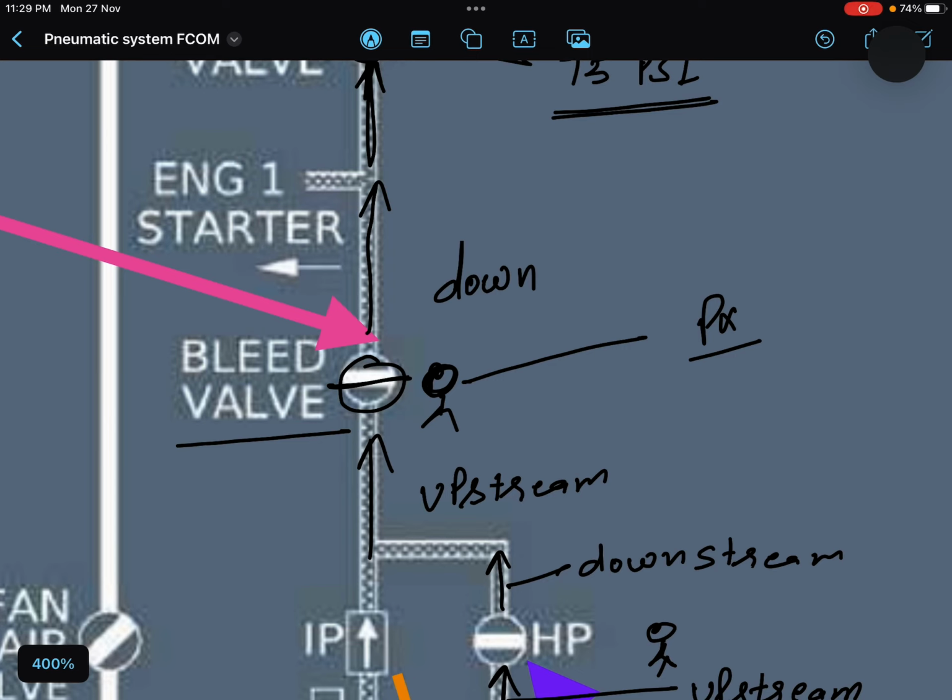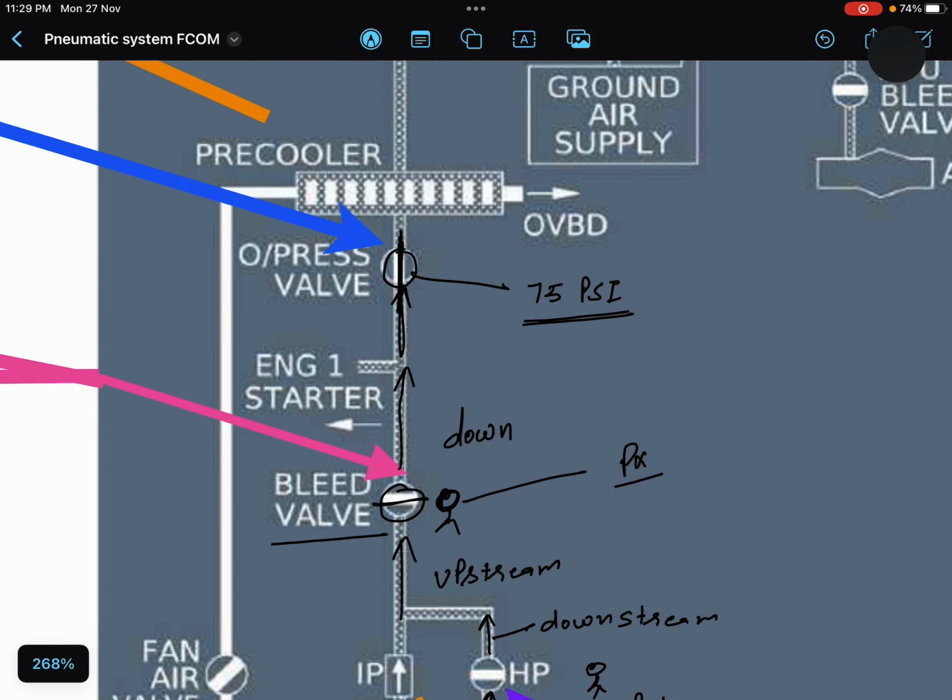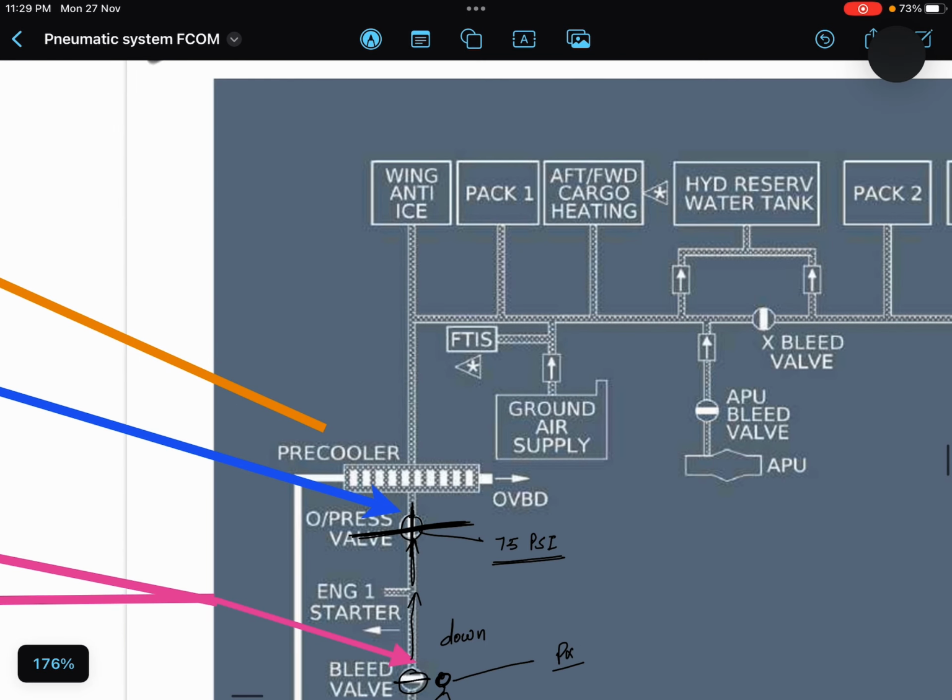But in case the pressure is 75 or more than 75, then this valve will be like, oh, I am here, no need to worry. I will close and will not let the bleed air move further. It will close and the bleed air will not damage the other systems like wing anti-ice, packs, and cargo heating.